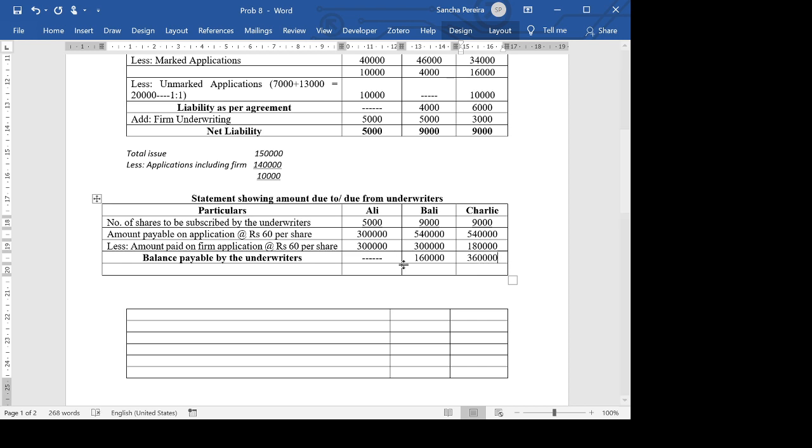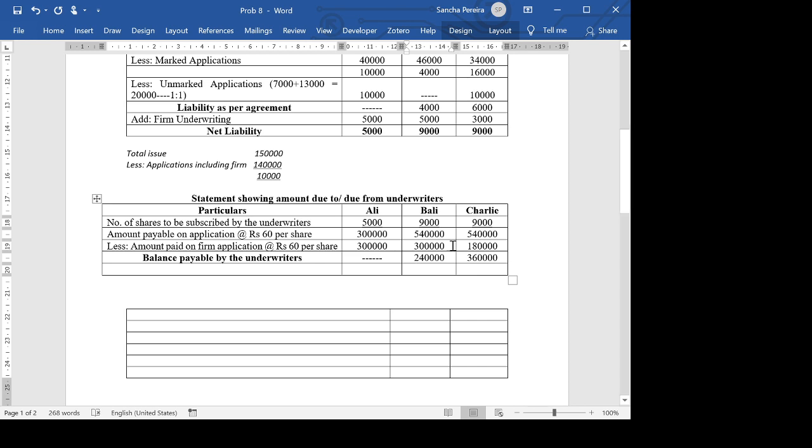You can also check your answer by multiplying 60 rupees with these amounts. Sorry, this is not 1 lakh 60,000. It will be 2 lakh 40,000.